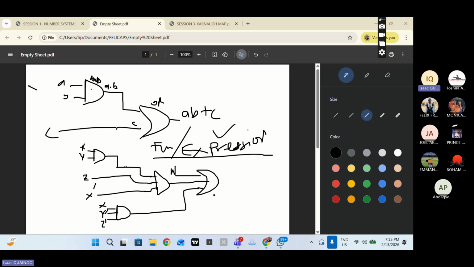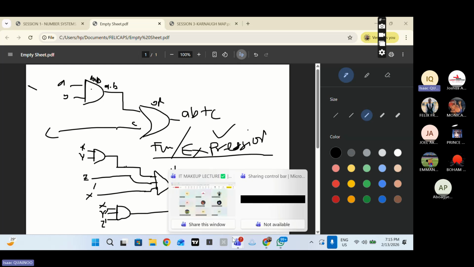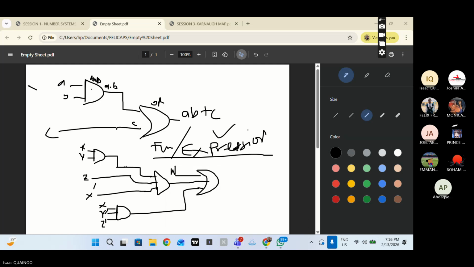Okay, so please, did anybody try working this out? If someone did, you can call out your function and then we see whether it's correct or not.